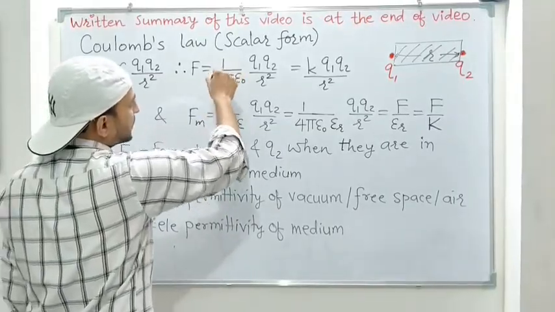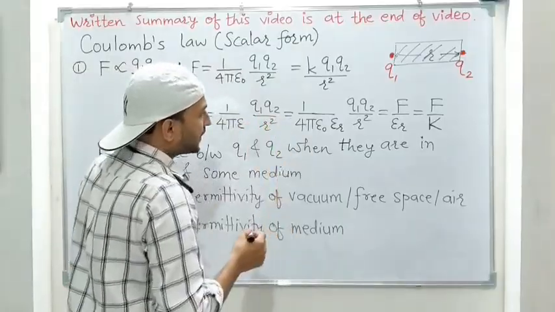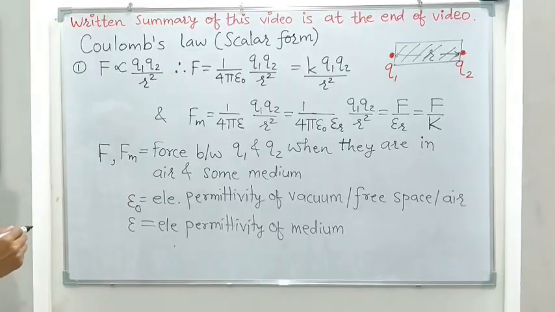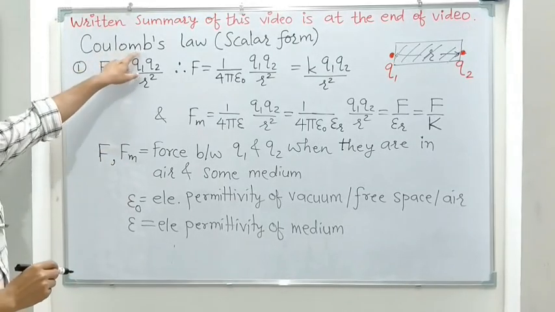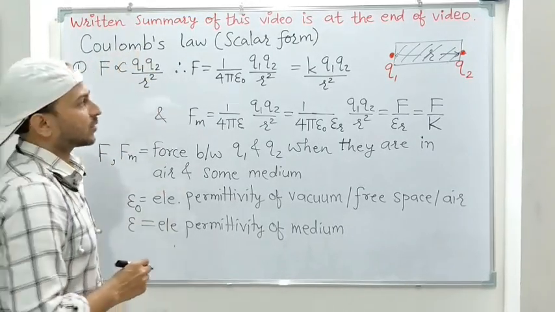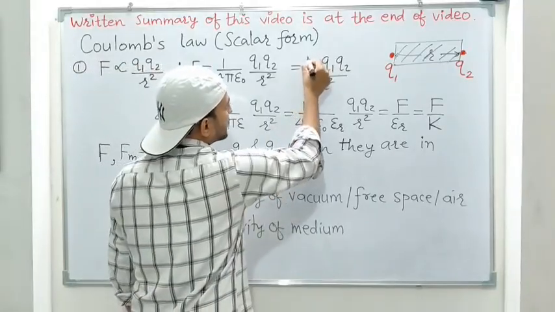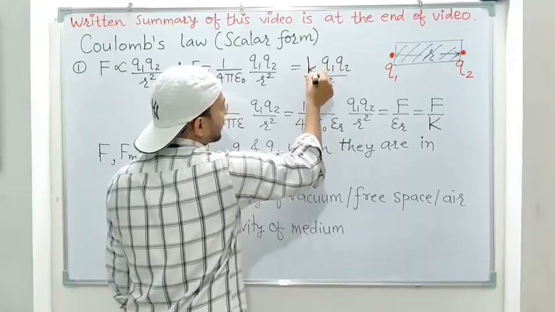This combination is called the electrostatic constant or Coulomb's constant, denoted by small k.